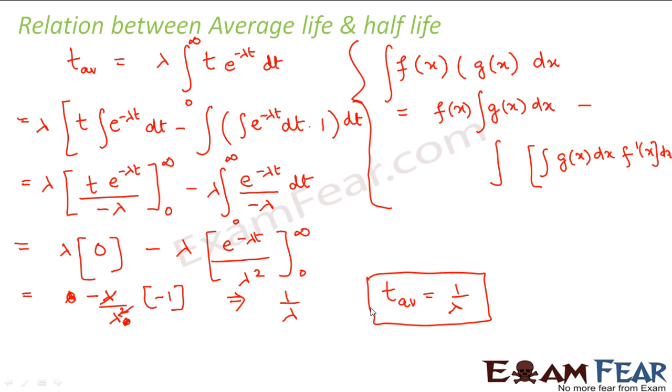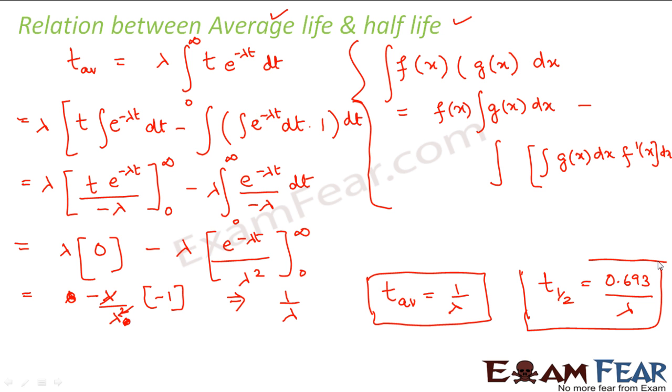One interesting thing which we observe is that both the half-life and average life depend on the decay constant for a radioactive decay. So from these two relations, we can derive a relationship between average life and half-life. So T average is 1 by lambda. And what was T half? T half-life was 0.693 by lambda.